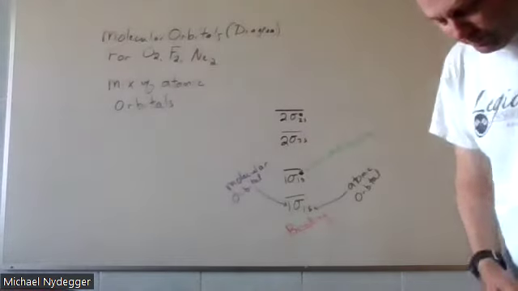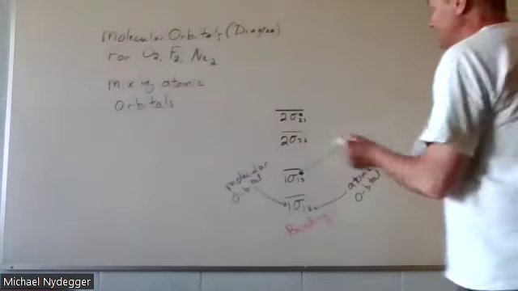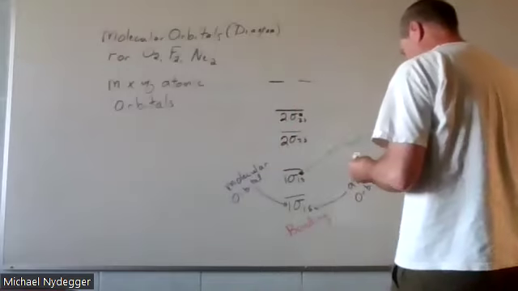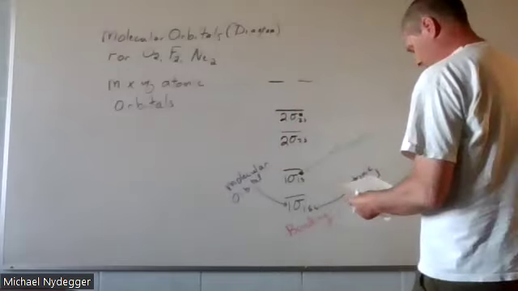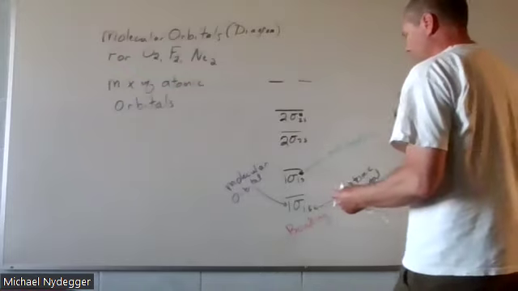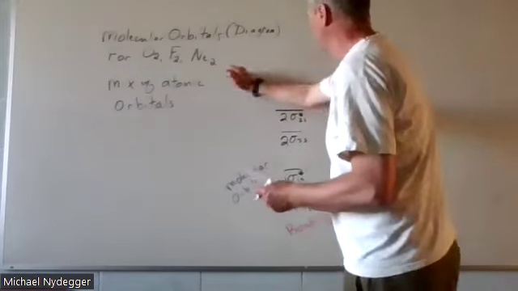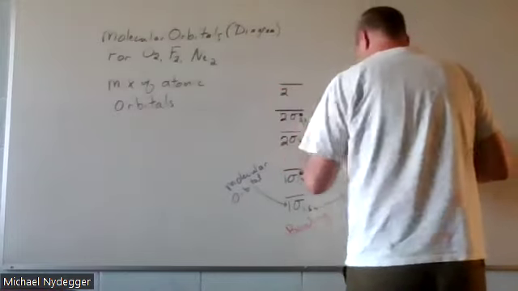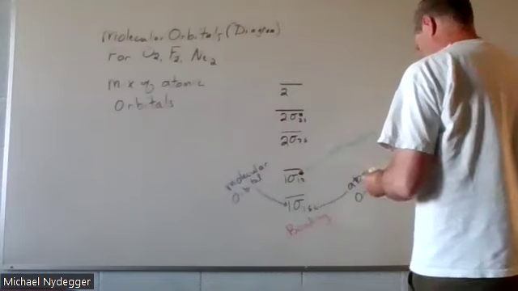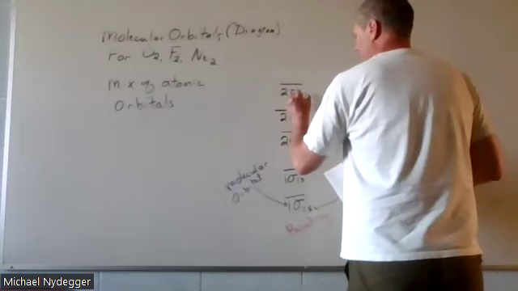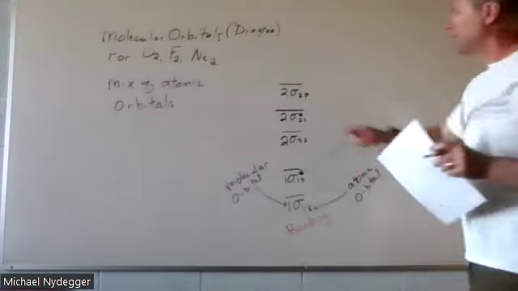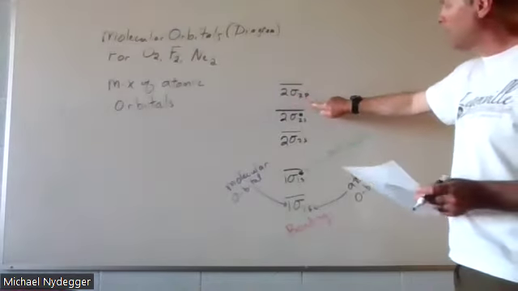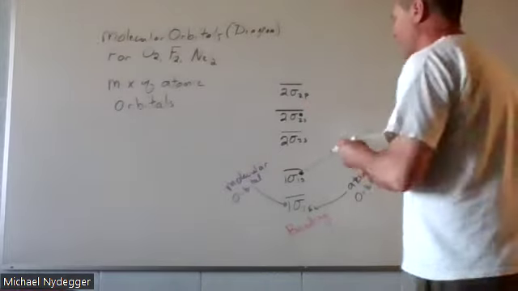Now this is where it gets confusing, if it isn't confusing already. Up here, we have what we call the, oops, see, I'm already getting confused. This is now the 2 sigma 2p. So this is the 2 sigma bond formed by a 2p electron.